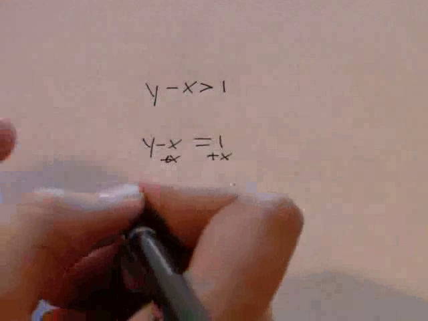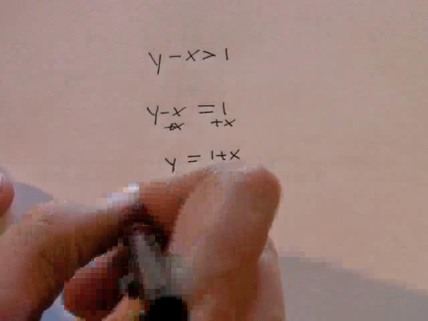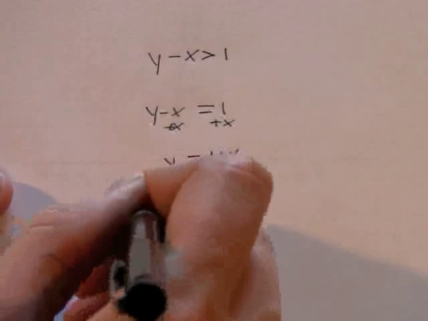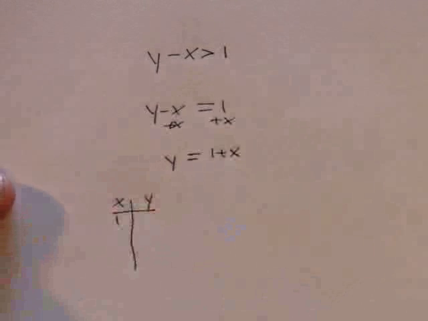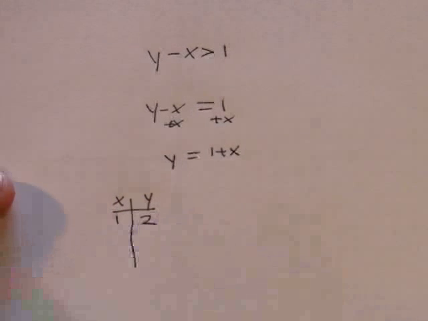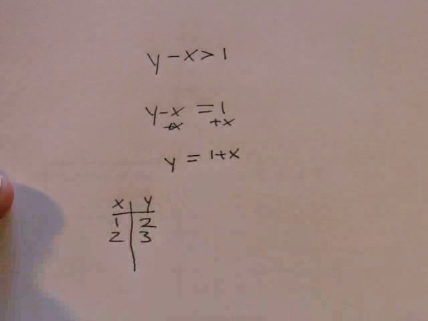And now let's figure out our ordered pairs. To do that, we simply look at when x, say, is 1, y is going to be 2. When x equals 2, y is 3.